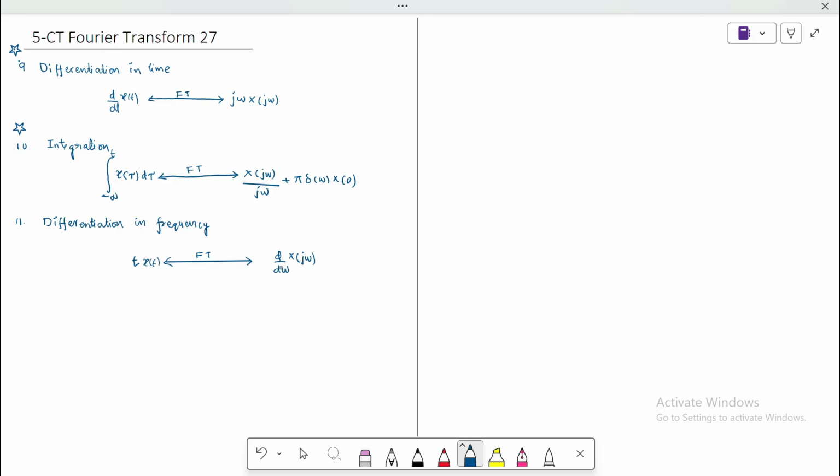Sending the minus j to the right side, 1 by minus j becomes plus j. So j into d by d omega of X of j omega is the Fourier transform of t into x of t. It is also an important property.